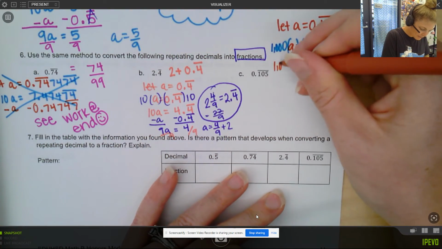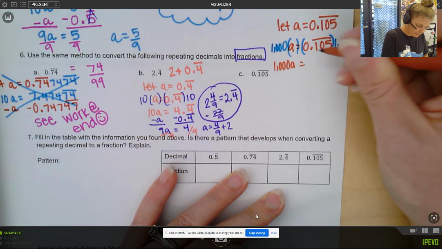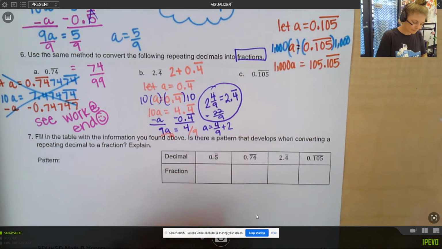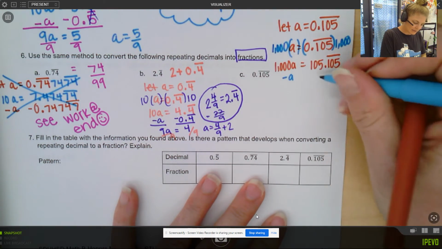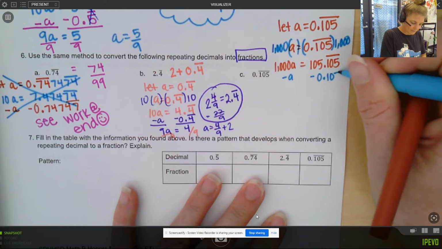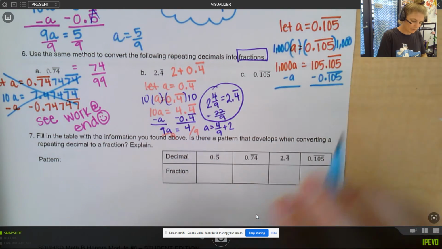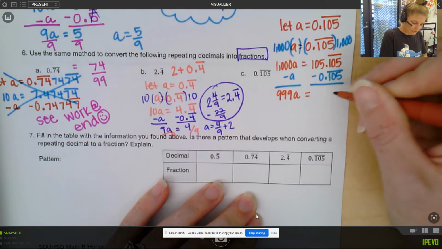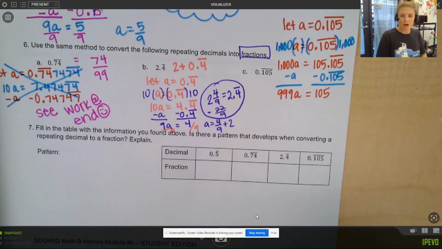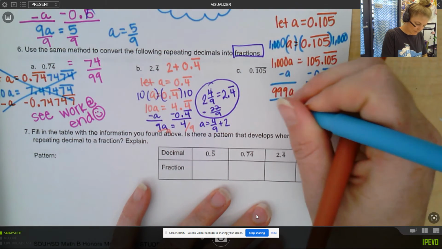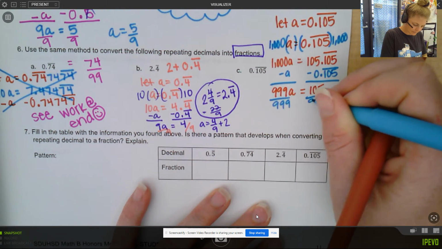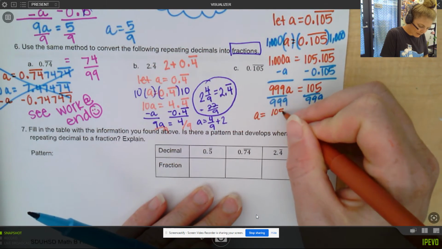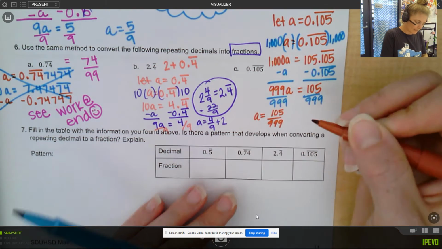So here I'll have 1,000A is equal to, move the decimal over 3 times, 105.105 repeating. Subtract A from both sides. Remember, A is equal to 0.105 repeating. Line up your decimal place. So I have 999 A's equal to 105. Of course, I would want to divide both sides by 999. A is equal to 105 divided by 999.